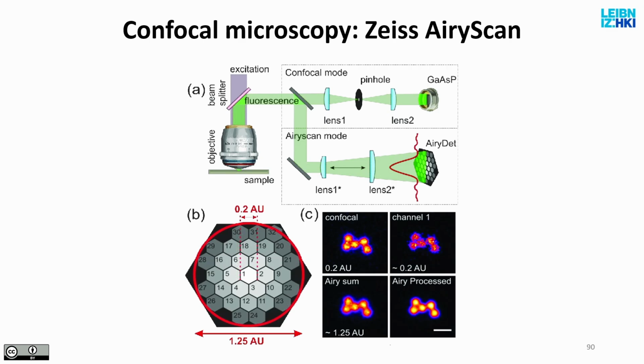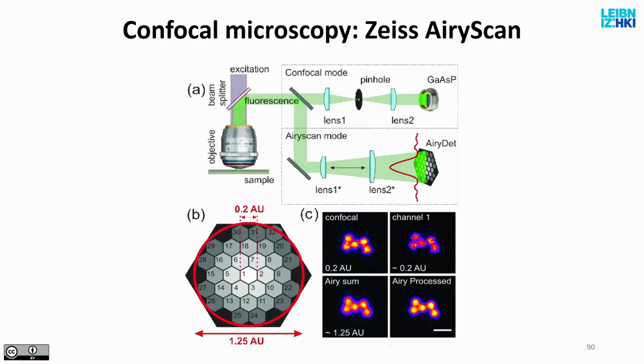What if I could measure the image at 1.3, 1.1, 0.9, 0.7 Airy? I would then be able to reconstruct this curve. And if I have this curve at a few points, I could extrapolate down to 0 pinhole size.